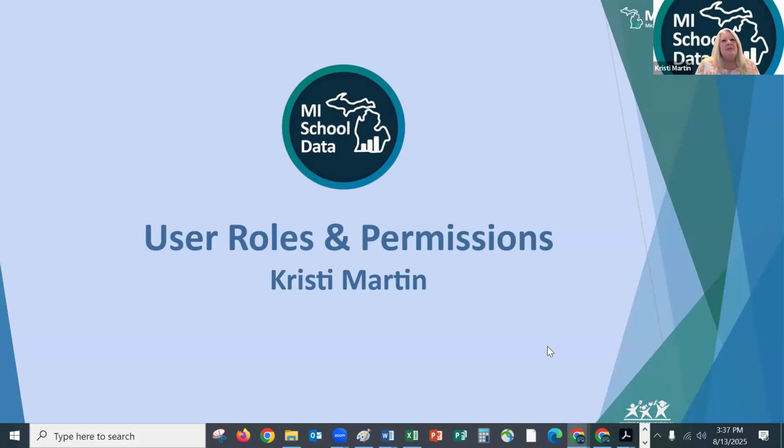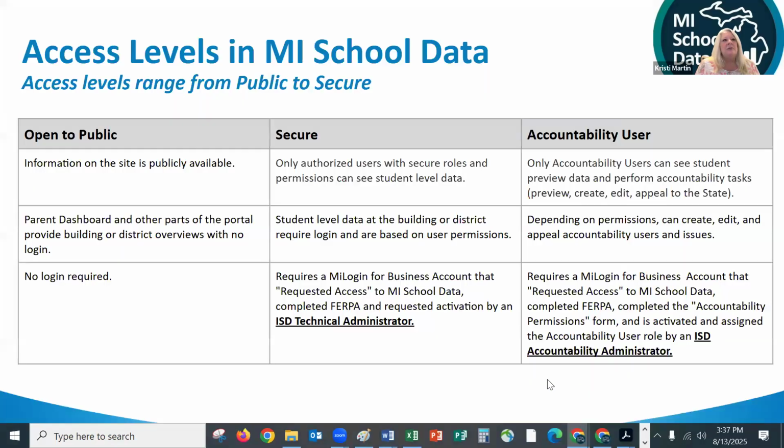Within the user request form, we have made it longer because we wanted to show what was really occurring within these permissions. There are different levels. The open to the public is pretty much everything except for the preview of certain data like the M-Step scores.